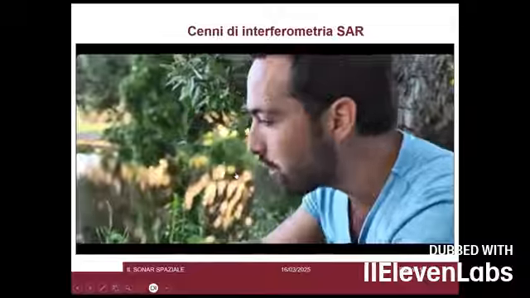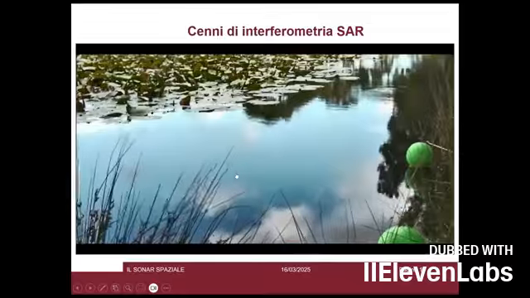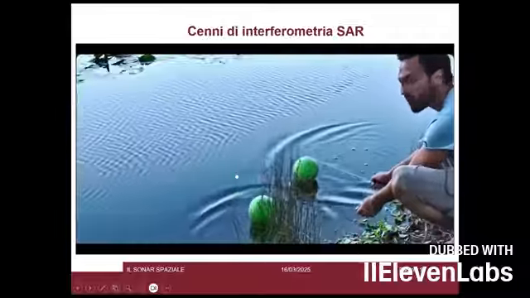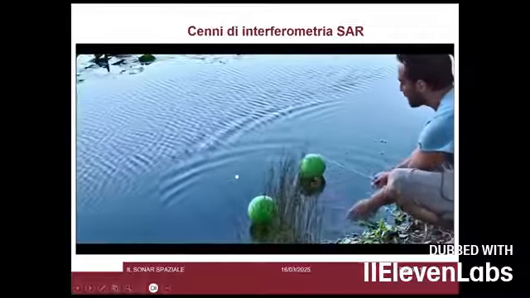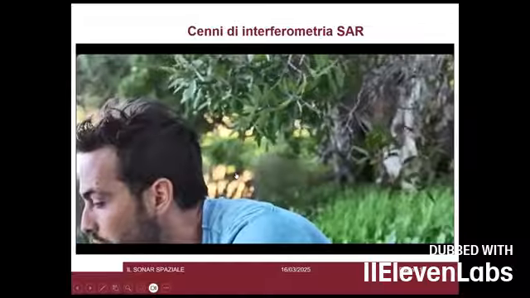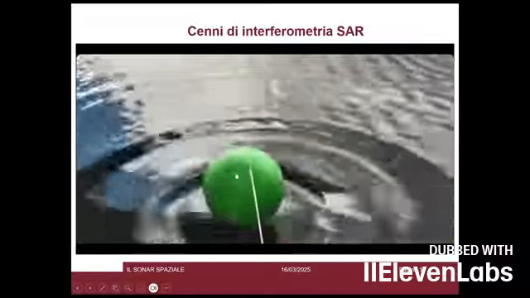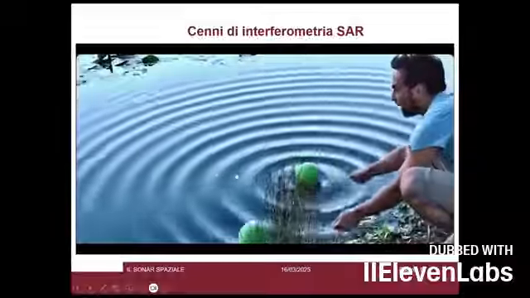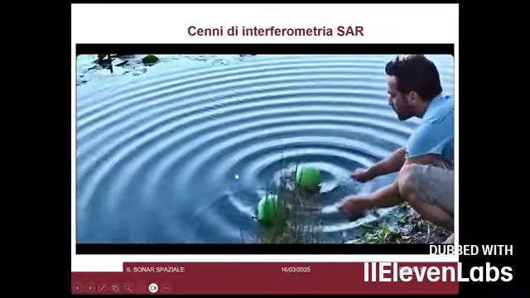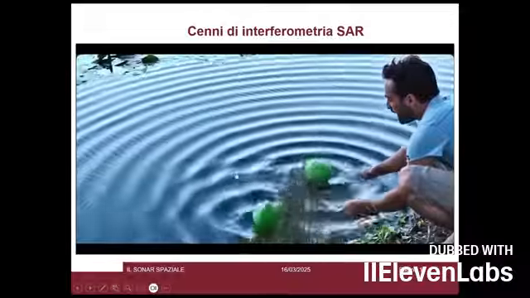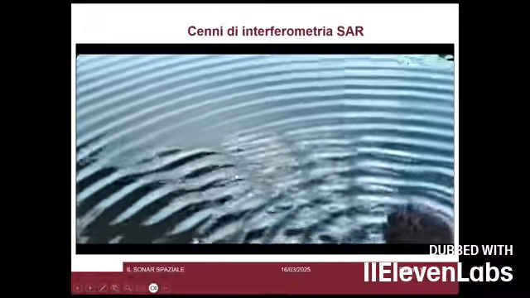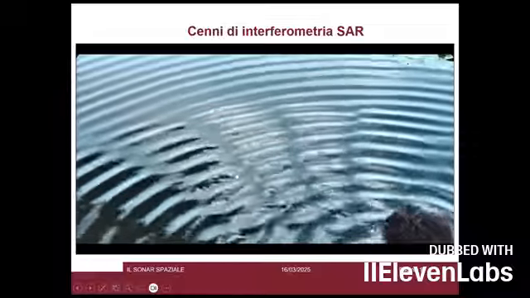We have two coherent electromagnetic sources, you see. We are generating coherent electromagnetic energy with a first radar. With the second radar, you see, what do I get? I get an interference pattern.